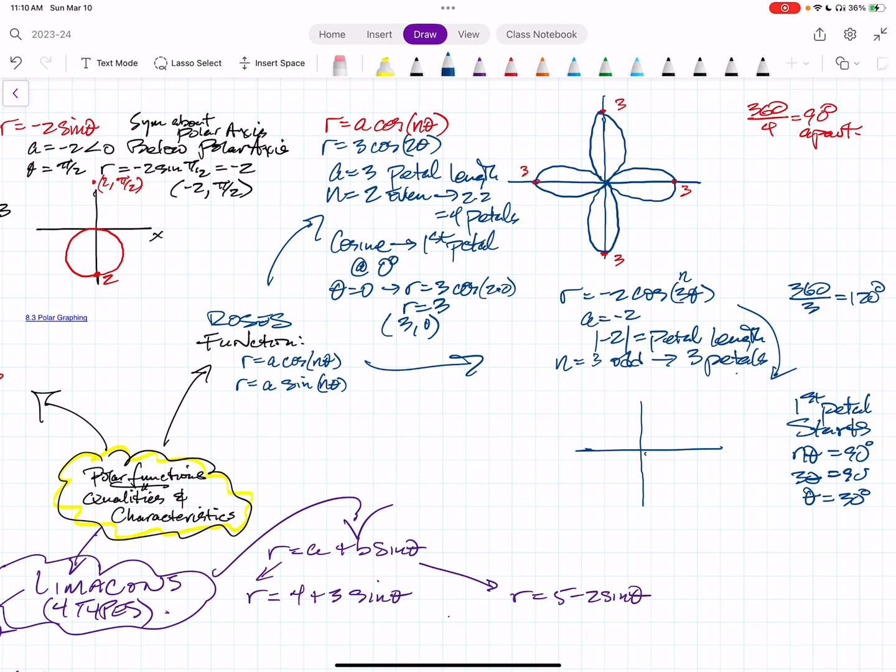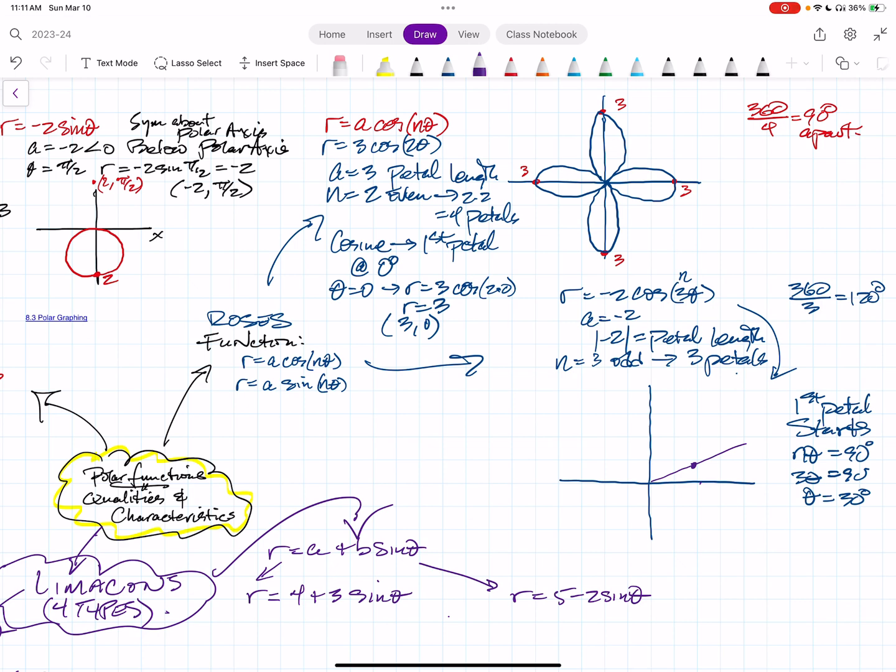Okay, so if we do that, we also go out 2 units. Let me fix these axes here. I don't know what happened here. Okay, so get some axes going. There we go. And we graph 30 degrees, roughly right through here, and go out 2 units.